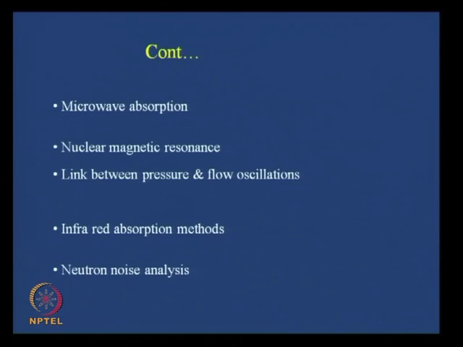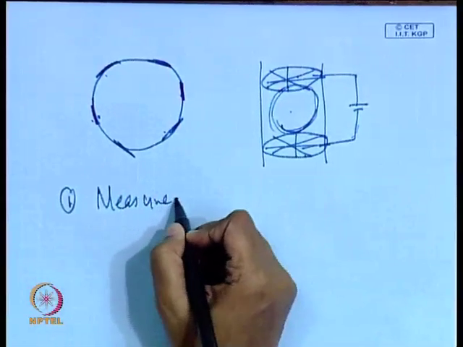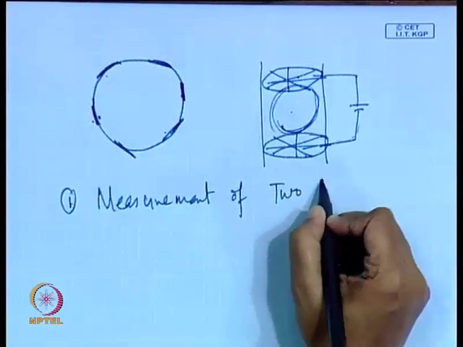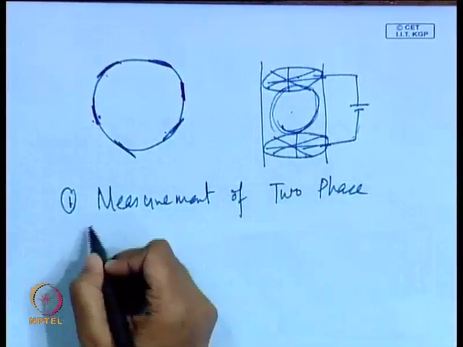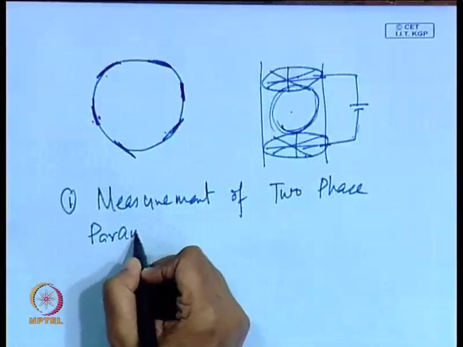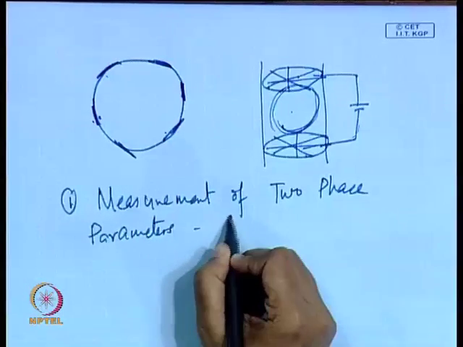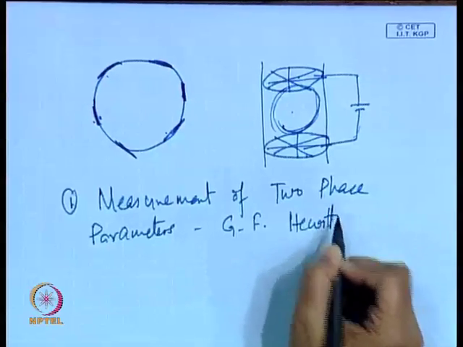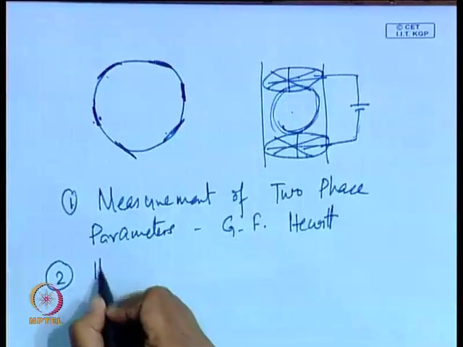Now, remember this microwave, these details you can get from the book by G. F. Hewitt, Measurement of Two Phase Parameters. Whatever you do not understand, you can come to me. And another book is also there in the library, the Handbook of Multi-phase Systems.